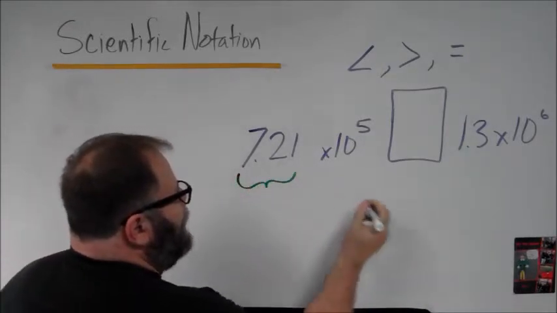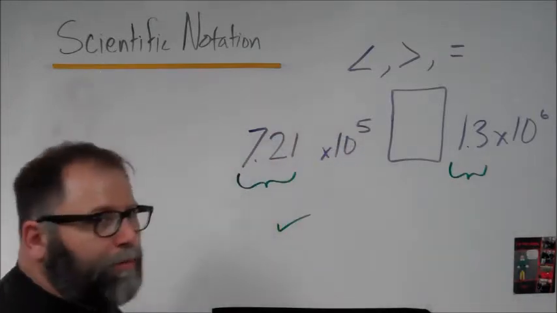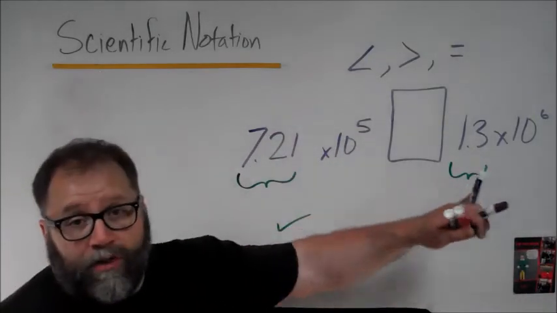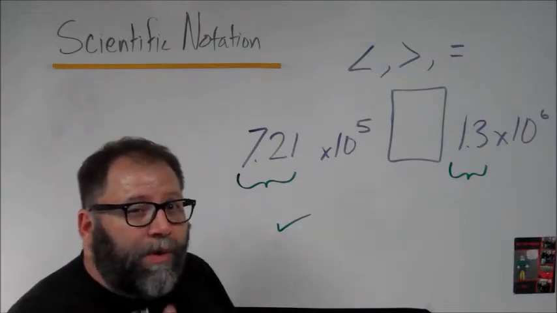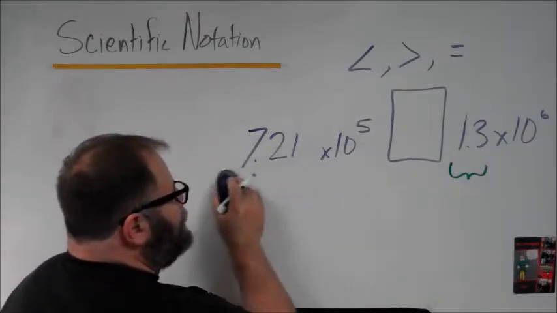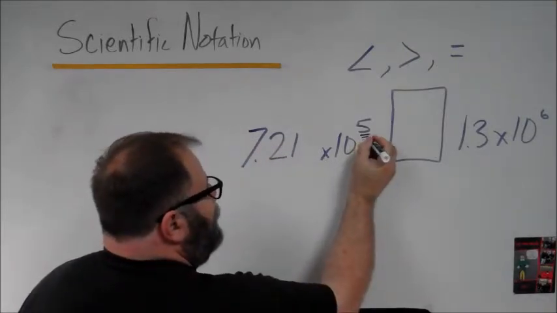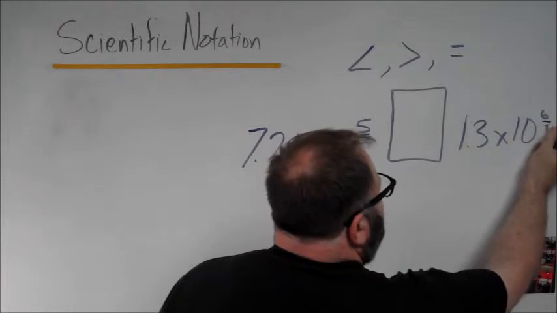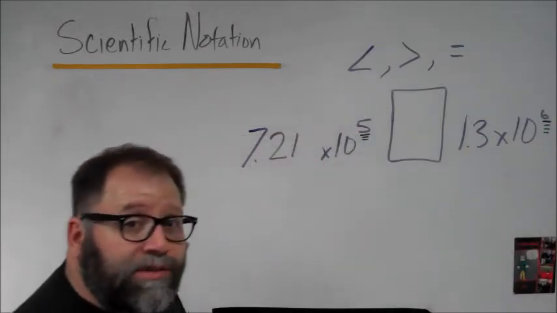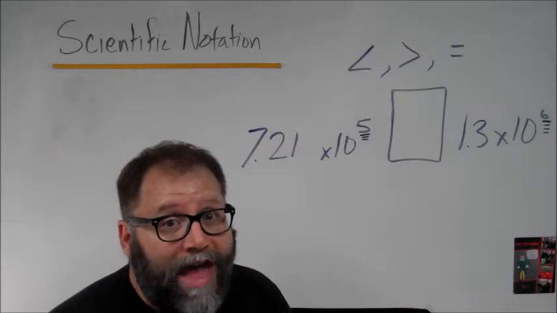You say, Mr. Romanovich, I can tell right now that this side is greater because 7 is greater than 1. But there's a problem with that too. We don't want to look there first. What we want to look at first is that exponent. Whichever one has the greater exponent is going to be the greater value.